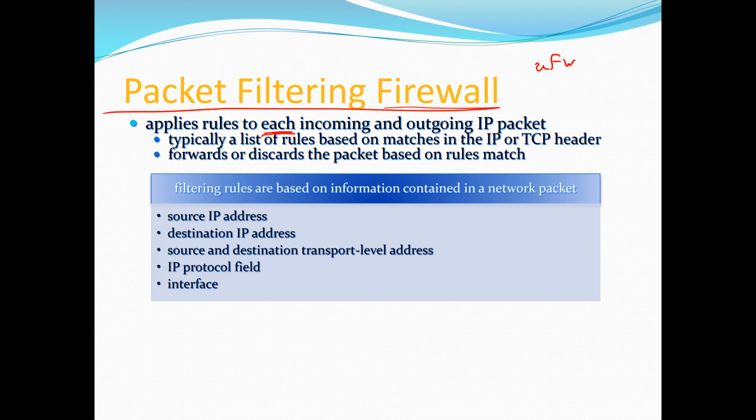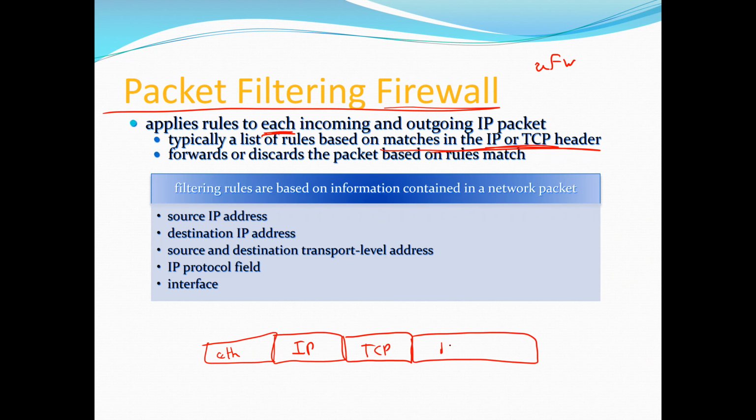And so typically you have a list of rules based on matches in the IP header, the TCP header, or UDP header, ICMP headers, etc. Remember that a packet has an Ethernet header, and it'll have an IP header. Then after that, it could have a TCP header and payload.